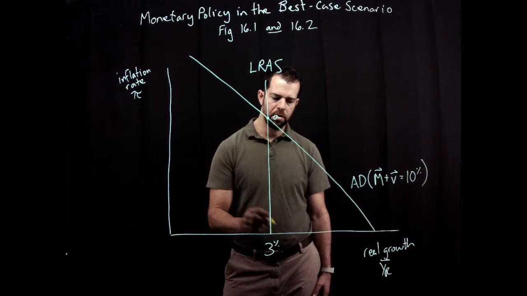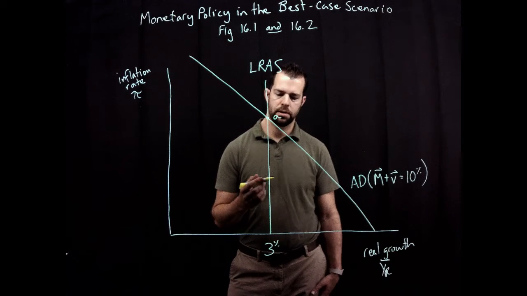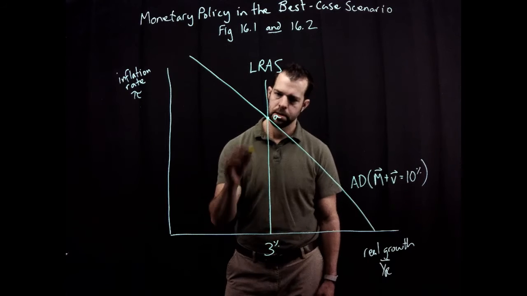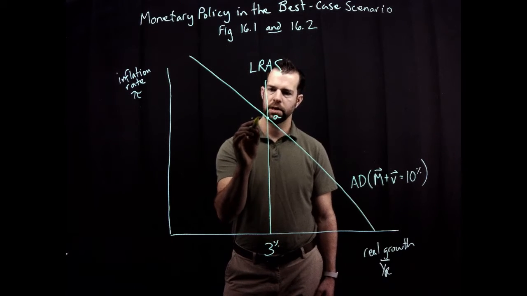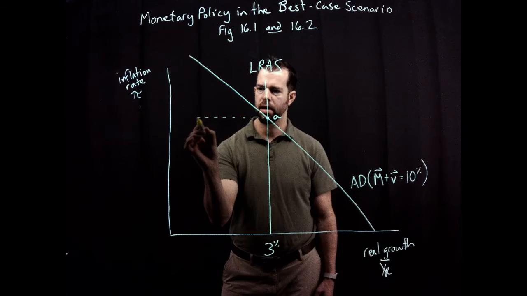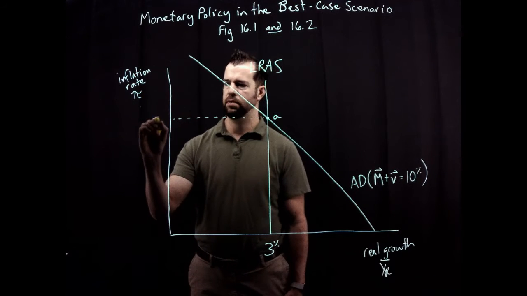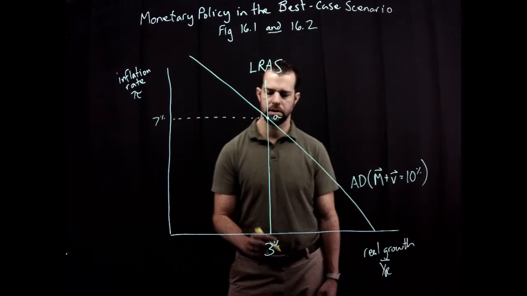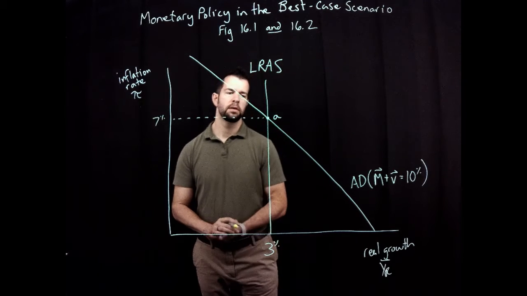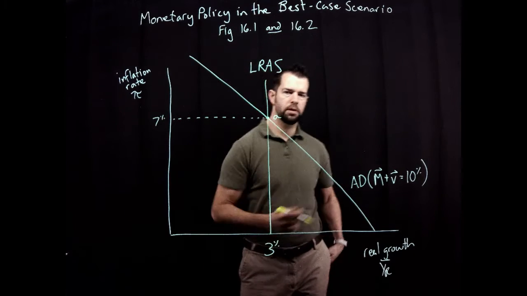All right, so what does that mean? Well, if we have a 3% real growth rate, the long run Solow growth rate, then our inflation rate must have that add up to 10. So 7% inflation rate plus a 3% growth rate is our spending growth rate here.